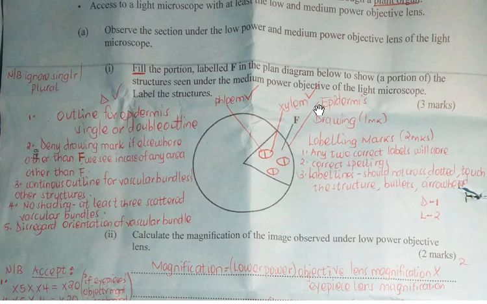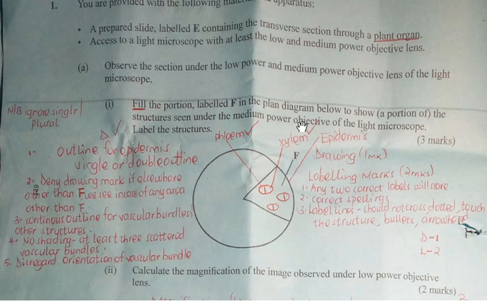Roman 1, fill the portion labeled F in the plan diagram below to show a portion of the structures seen under the medium power objective of the light microscope, and label the structures.